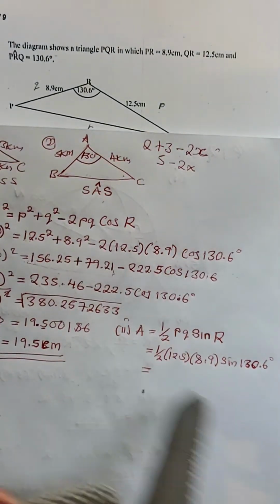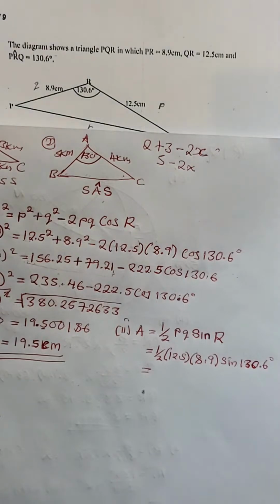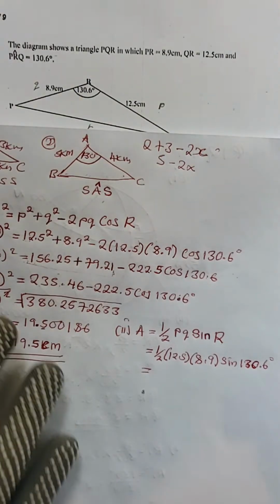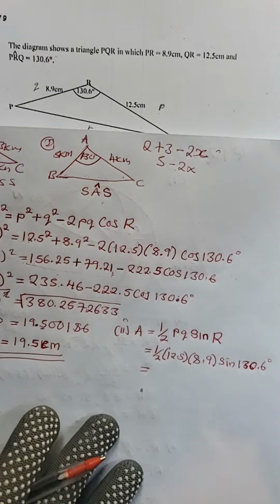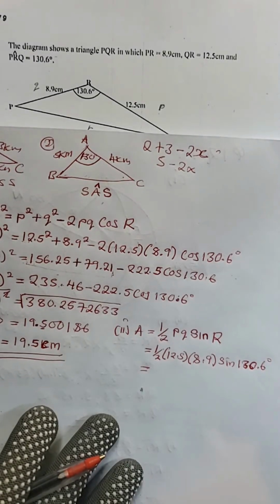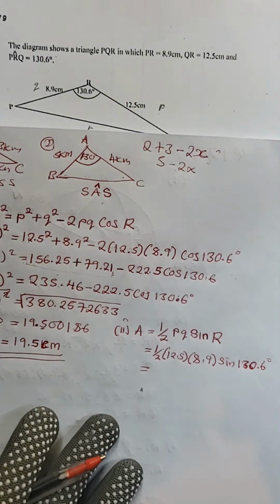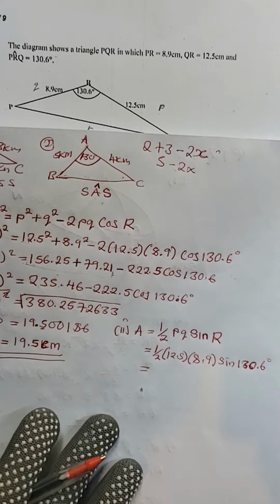You can punch everything in your calculator. So you can say half, which is the same as 0.5, multiplied by 12.5 times 8.9. Okay, sine 130.6.